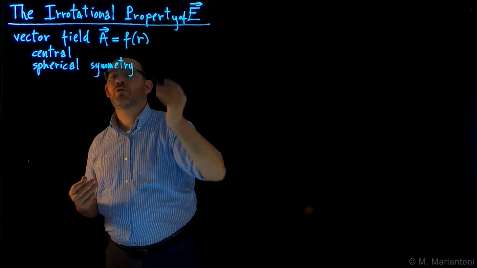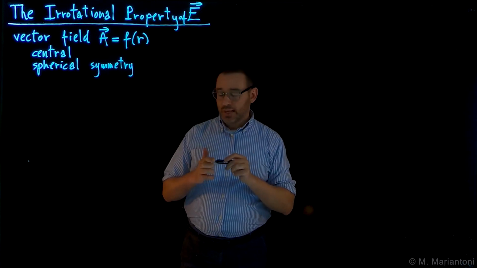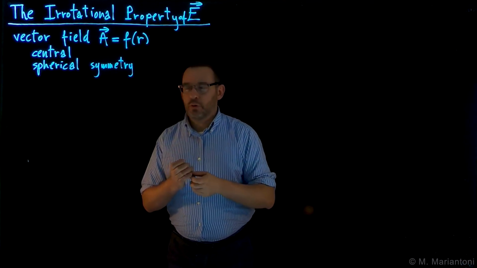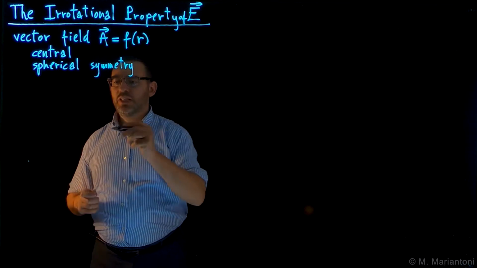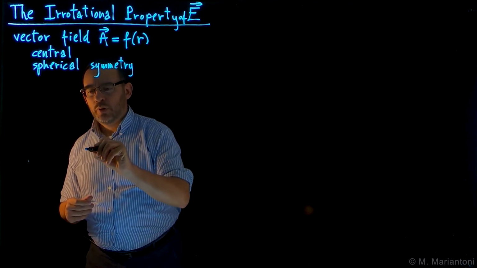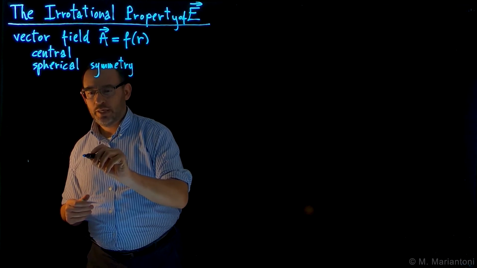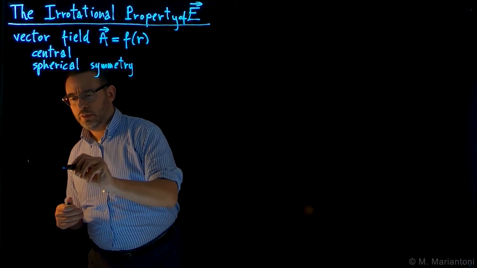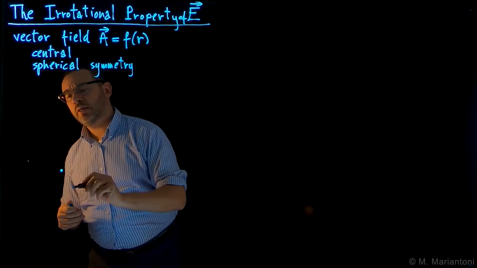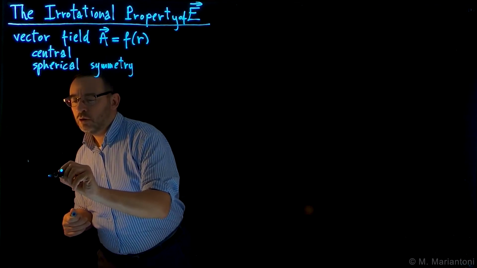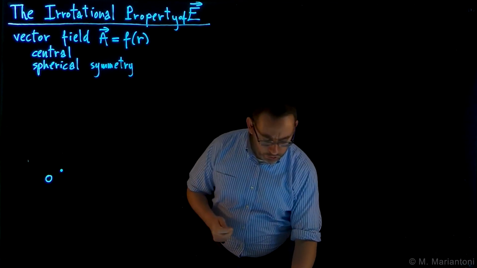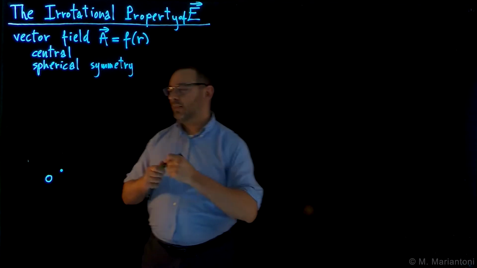We don't know this functional dependence, but the thing we know is that this function depends only on r. If we consider an origin O, and for example, we consider a spherical coordinate system.